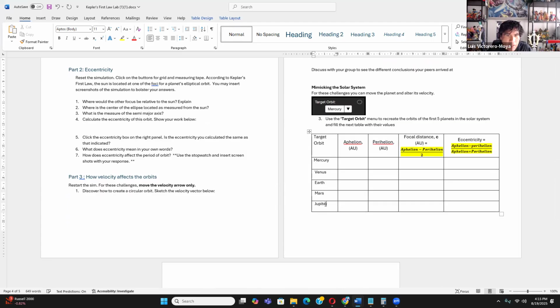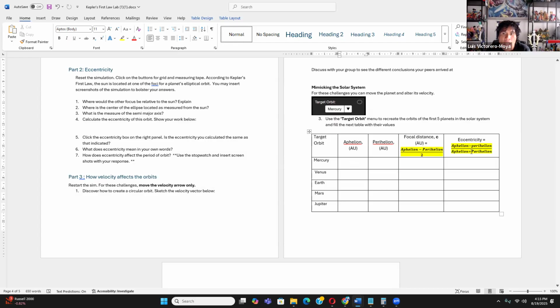Pay attention here because you are going to find the measurements of the aphelion and perihelion. The aphelion is the largest distance from a planet to the sun, and the perihelion is the shortest approach, okay? You can use them to find the focal distance and the eccentricity.